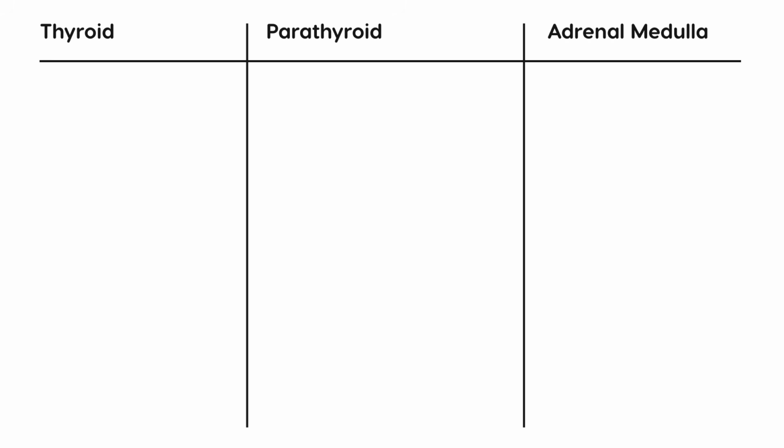The 3 players, I'm going to make a little chart here. You've got the thyroid, the parathyroid, and the adrenal, in particular the adrenal medulla, the middle part of the adrenal gland. The thyroid produces a very specific tumor, abbreviated MTC, which stands for Medullary Thyroid Carcinoma.